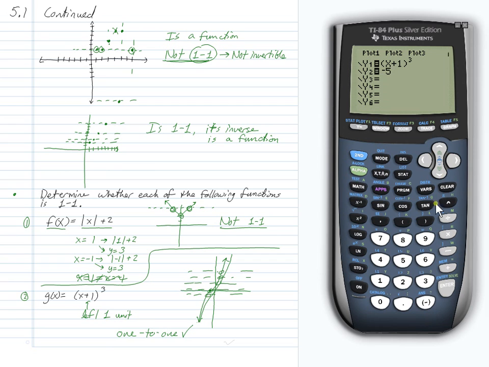Every horizontal line that you hold, and you can use the edge of your hand, or you can hold up a sheet of paper and move up the entirety of the graph and make sure that you're only intersecting the graph at one point at most. So this one we can determine is one-to-one.